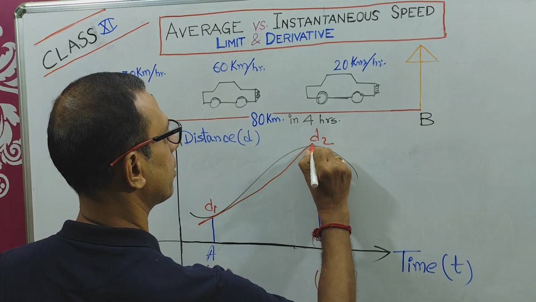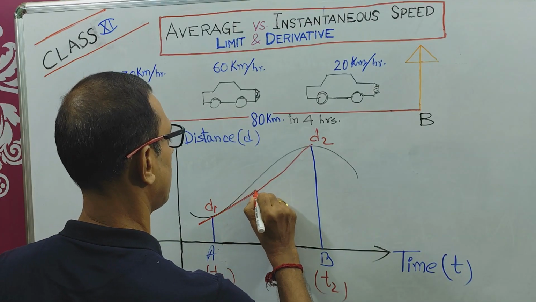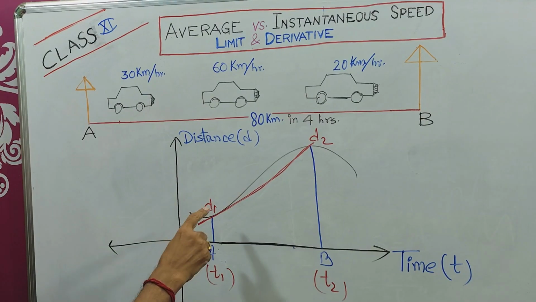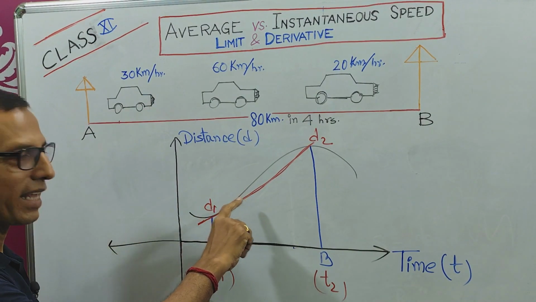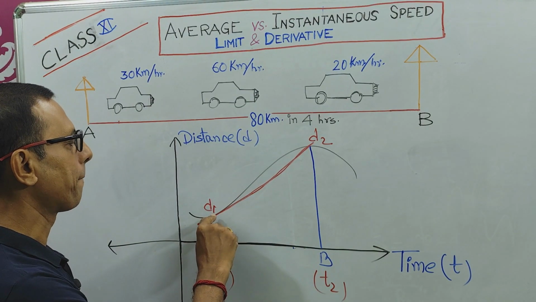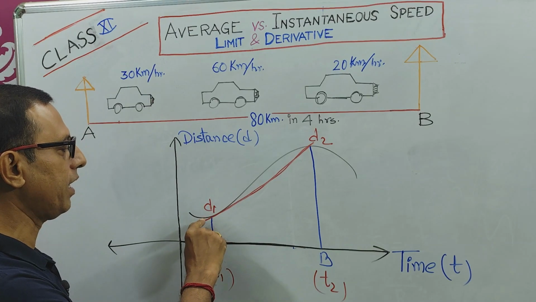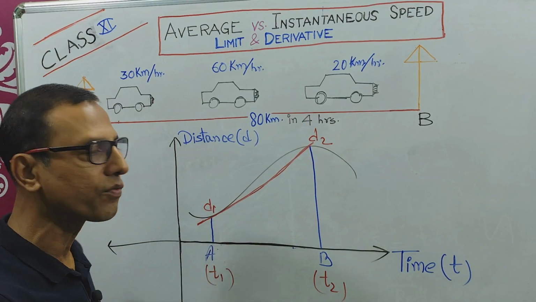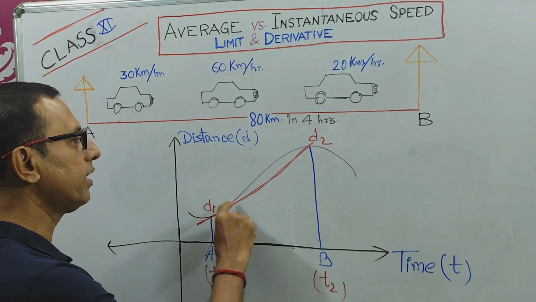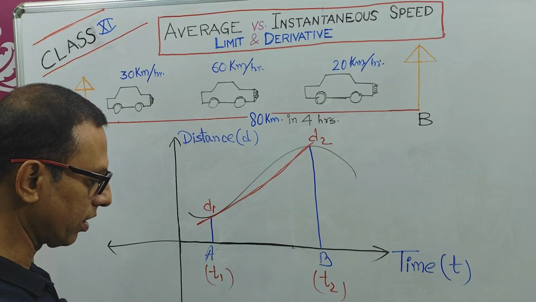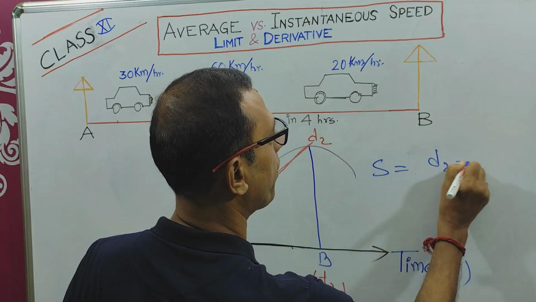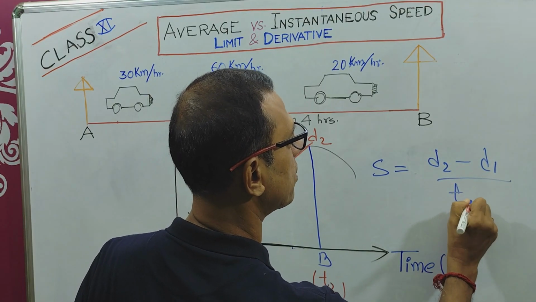So if this is the slope, it is a straight line, and my drawing is not so good. If a straight line intersects a curve at 2 points, that is called a secant line. If I consider the rise versus run along this secant line, speed is (D2 minus D1) by (T2 minus T1).